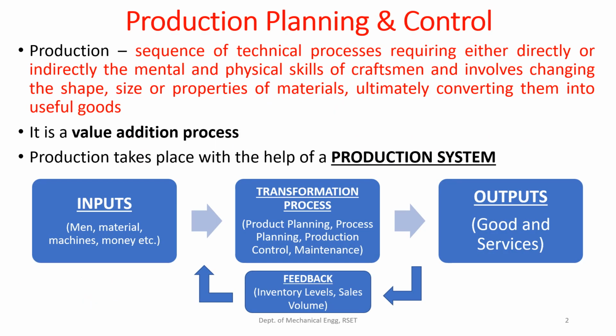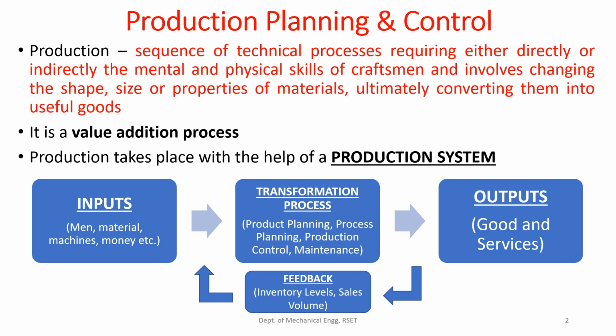So before starting off with production systems, let me give you an introduction as to what the term production means. The term production is a representation of a sequence of technical processes which requires either directly or indirectly the mental and physical skills of craftsmen or labor, and involves changing the shape, size, and properties of materials and ultimately converting them into useful goods.